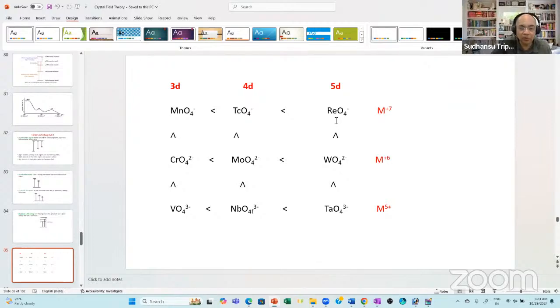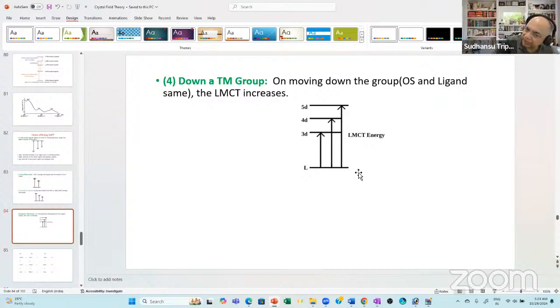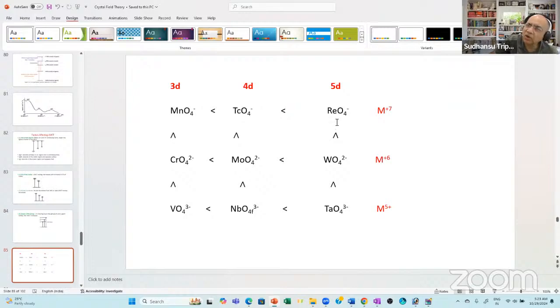I have also given the reason behind everything. You can read. Perrhenate ion is not giving any color, but permanganate is giving a deep purple color. It is not because of the absence of any transition. There is CT, there is LMCT, but that falls in the UV region. That is why perrhenate is colorless.